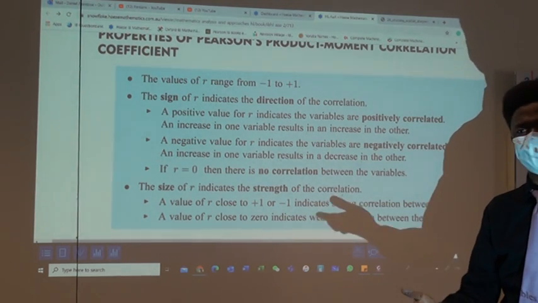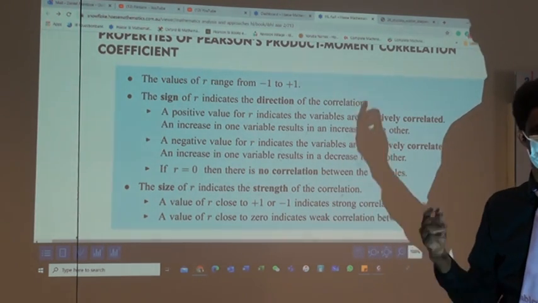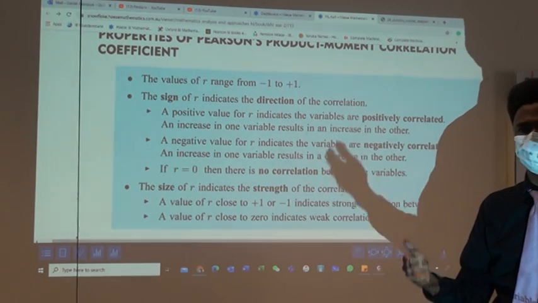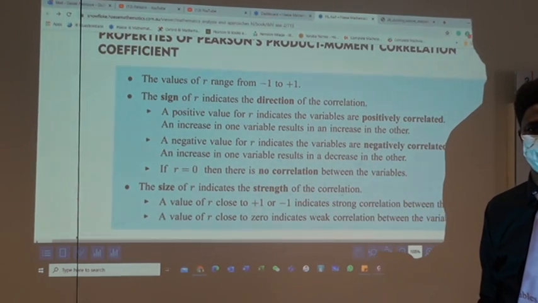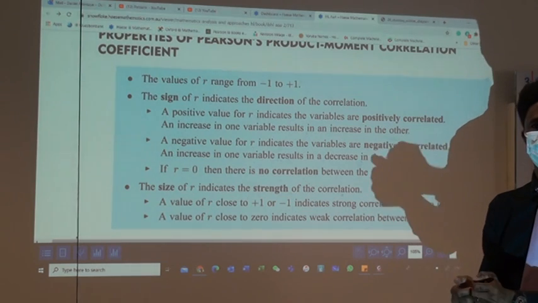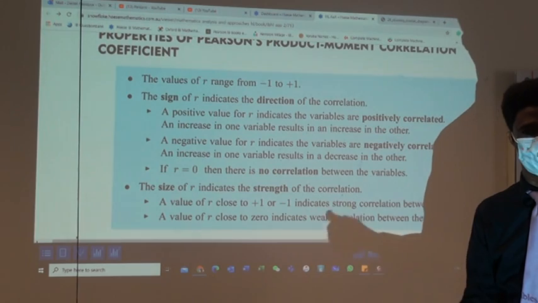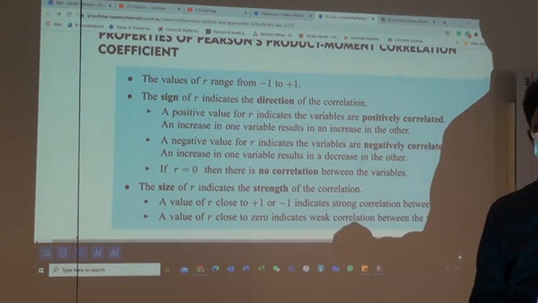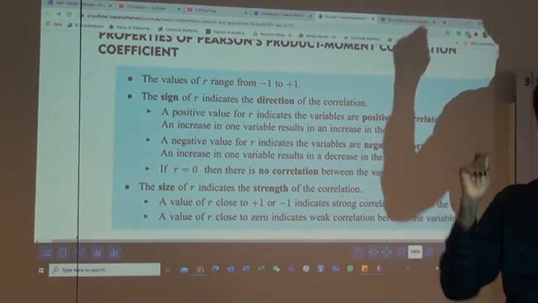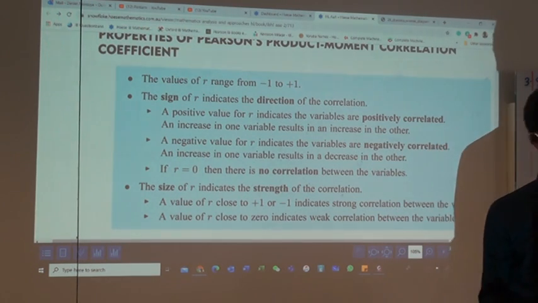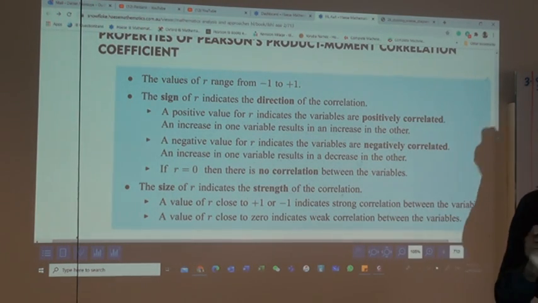Understand? If R is not 0, R cannot be more than 1. Once your R is equal to 1 point something, you have done something wrong. Maybe in your calculator, instead of 15, you put 150 mistakenly. Go back and check. R can never be more than 1. And R can never be less than minus 1.